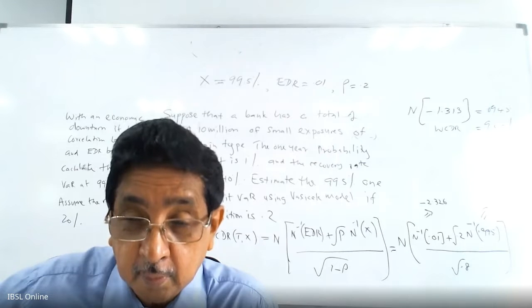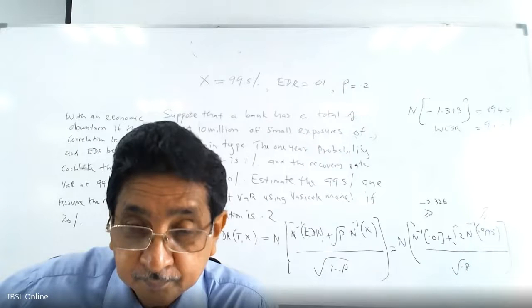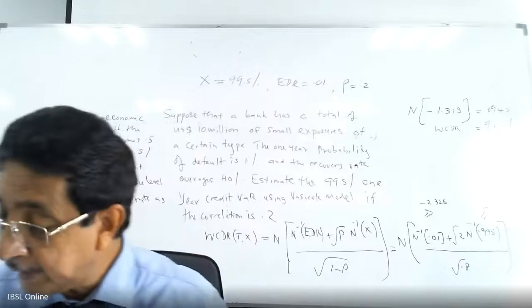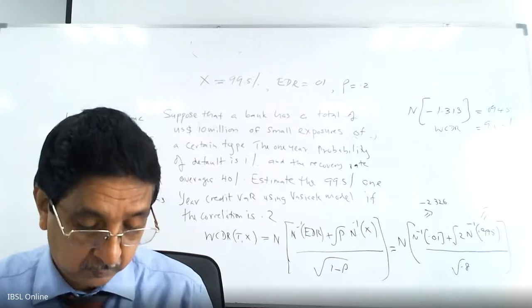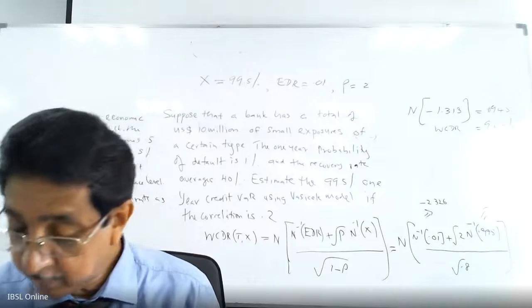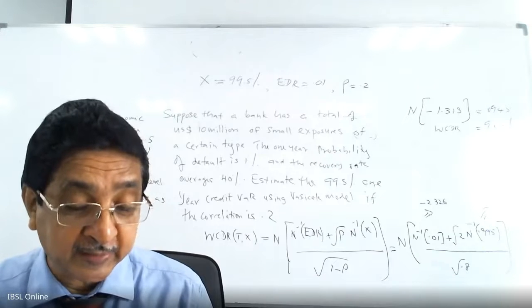Yeah, correct. So what is the value there then? 10 into 0.75 into 0.8. 0.60. Then you will get the value of 6 million, no? Yes, 6 million.